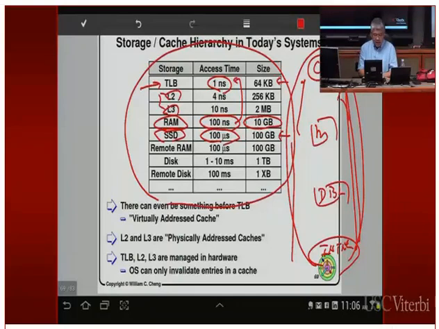The next thing in the cache hierarchy over here is kind of weird. This says remote RAM. If you're in a data center that has tons of computing power, they have lots of machines over there. One of the places to store data is on your neighbor's main memory.